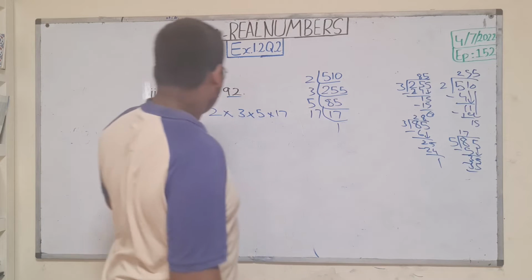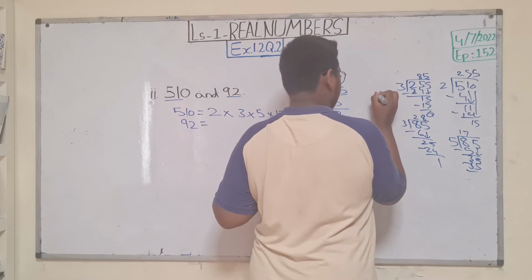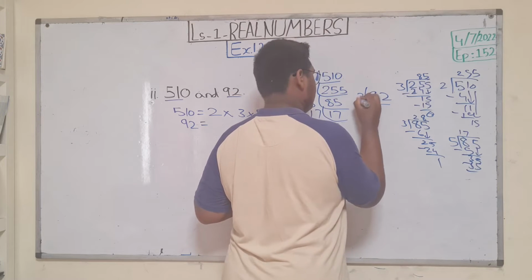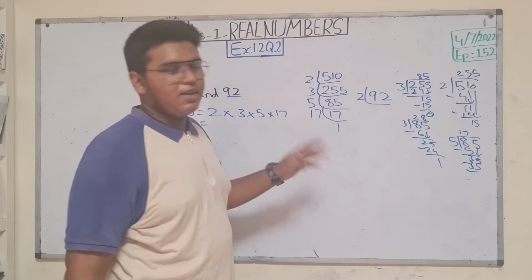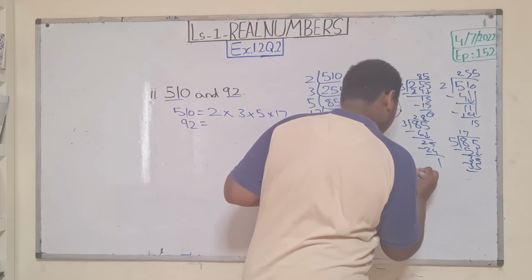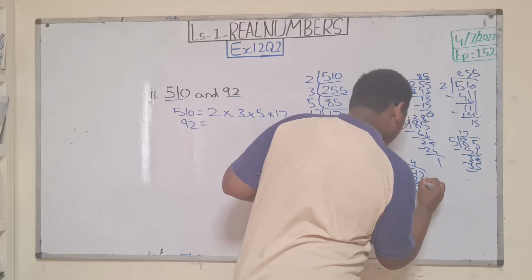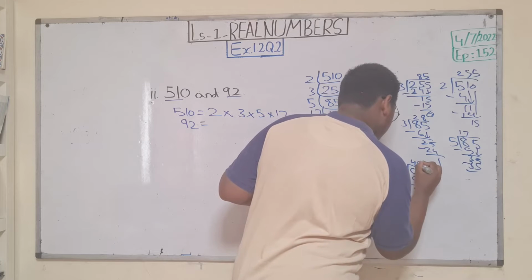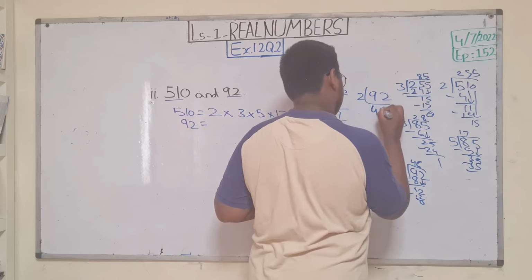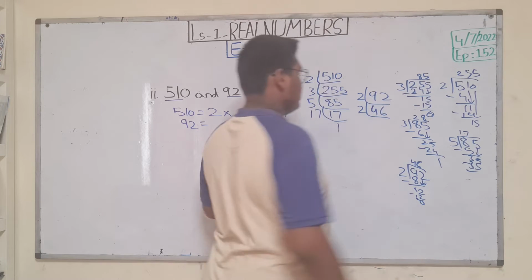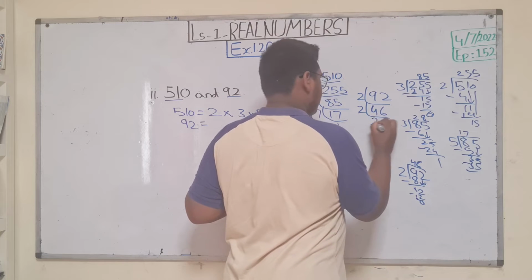Okay, now let's try with 92 and check what prime factorization we get. Let's write it over here. 92 divided by 2. The last digit is 2, so obviously we can divide it by 2, right? 92 divided by 2: 2 times 4 is 8, remainder 1, then 12, and 2 times 6 is 12, so we get 46. Again 46 can be divided by 2, so this will be 23.